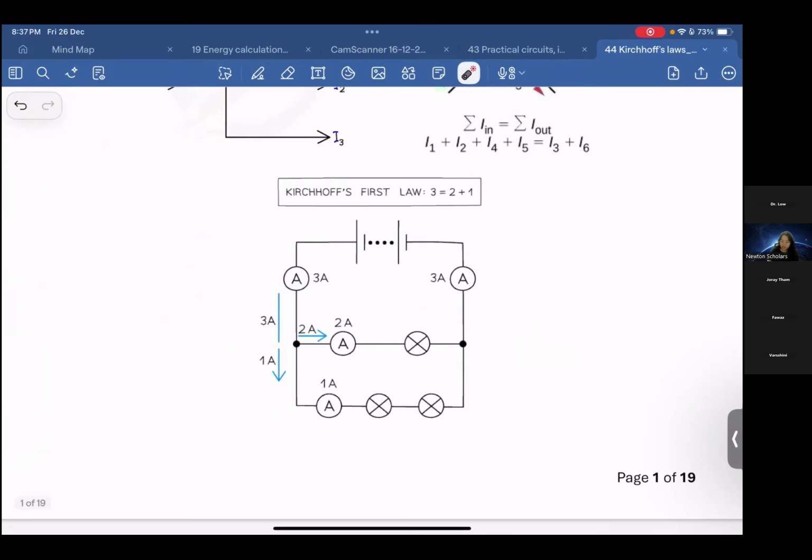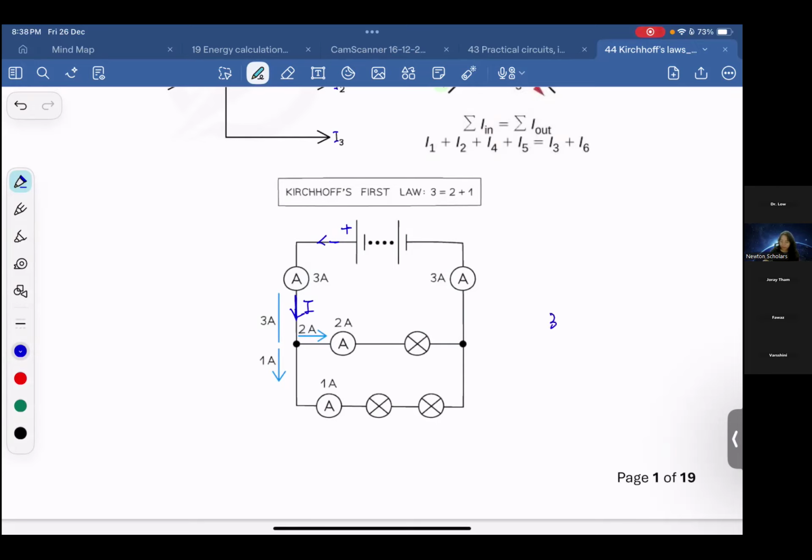So at every single junction or branch, we need to label the direction of current. The battery here is positive, so current flows out from here. So current flows into the junction, and then it splits and goes out.